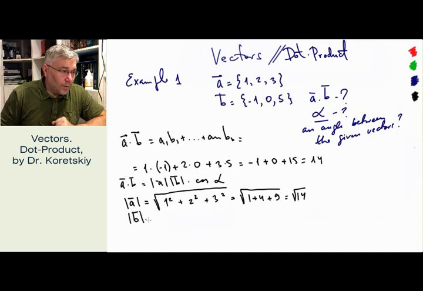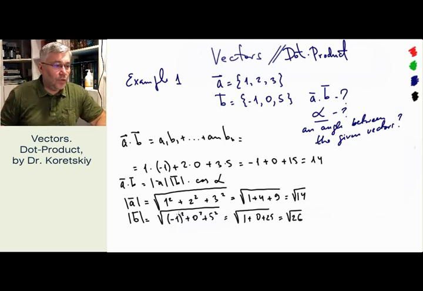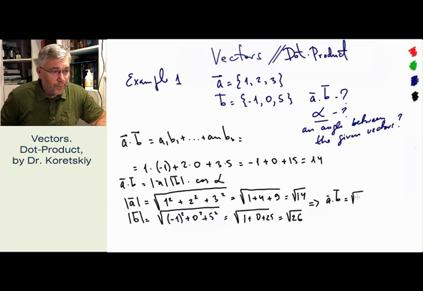And the same for vector B: -1 squared plus 0 squared plus 5 squared, and we have 1 plus 0 plus 25, the square root of 26 here. So we are ready to use the second formula for the dot product.